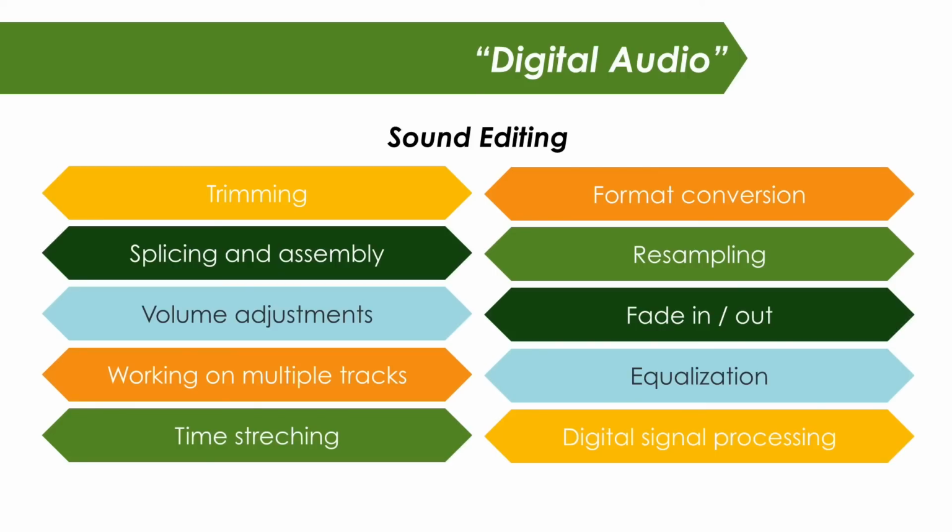Next, if you are working with sound, you can do fade in and fade out, especially in the beginning and also in the ending of the sound. It is good to do fade in and fade out because we don't want the sound to end suddenly. Equalization pula is the editing task that you can do so that you can make the sound brighter or darker.